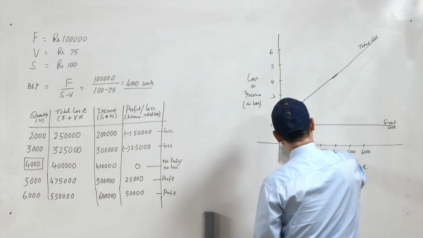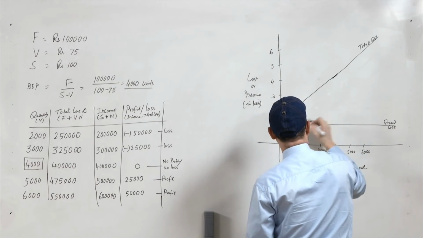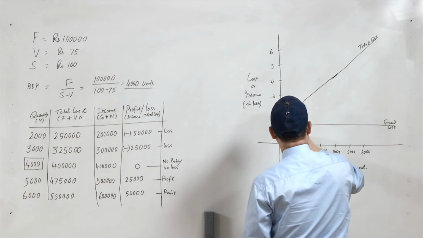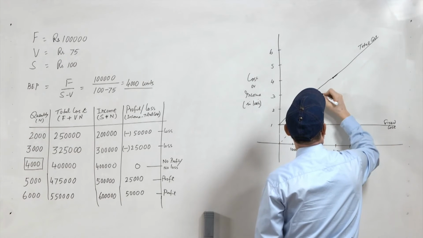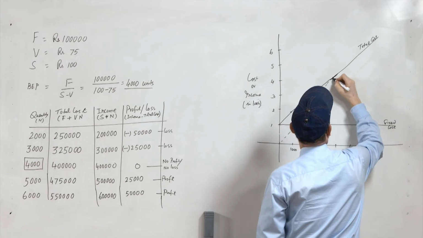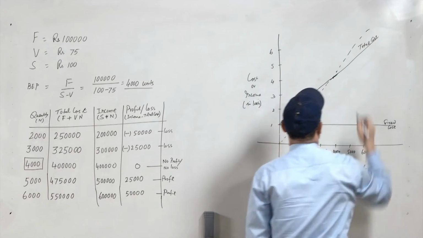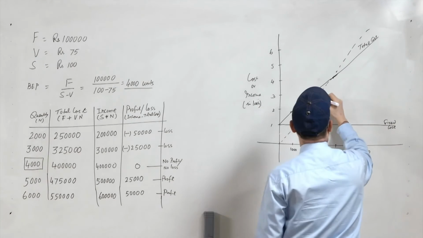So, basically this line will move from here through this point, and this line is known as the income line.